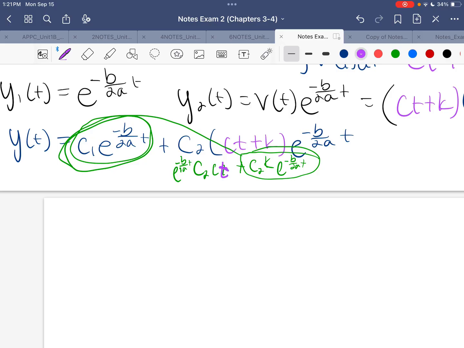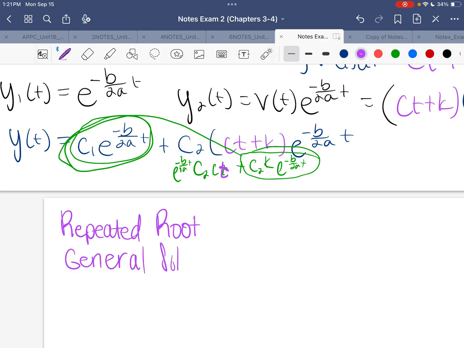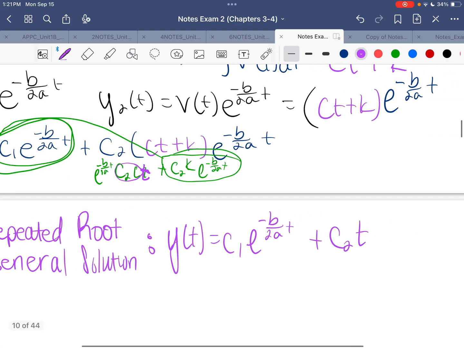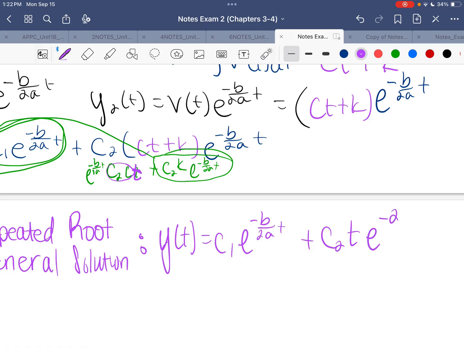So the more simplified way to write this is going to be y of t is equal to c1 e to the negative b over 2a t plus, this just becomes some constant, they get absorbed together, c2 t e to the negative b over 2a t. So this t is all we needed to make it be different.